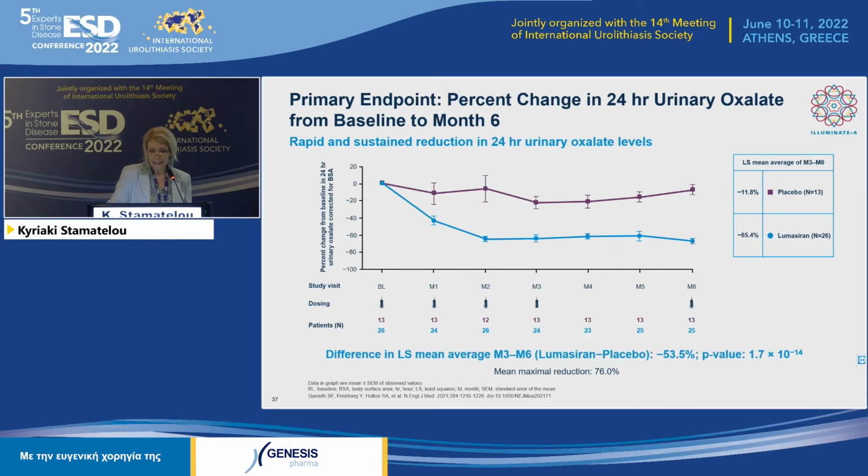The blue line is the patients on lumasiran, and the purple line is the patients on placebo. You can see a clear difference of minus 53.5 between the two arms, and the mean maximal reduction was 76%. I think these are impressive results: a rapid and sustained reduction in 24-hour urinary oxalate levels for the patients taking lumasiran.